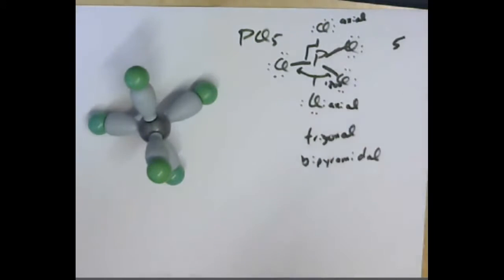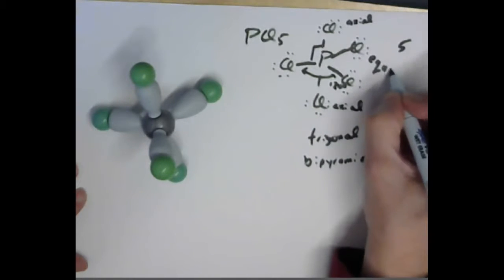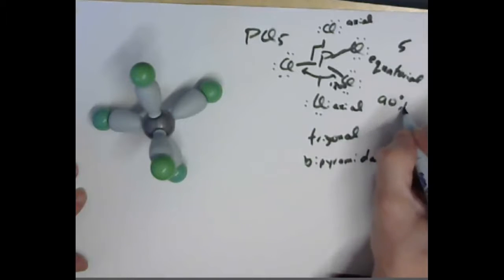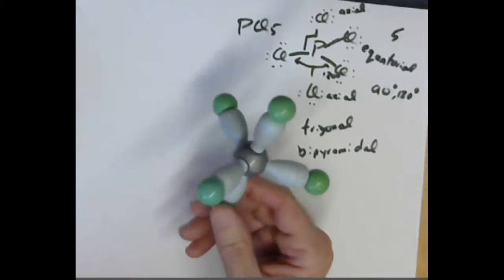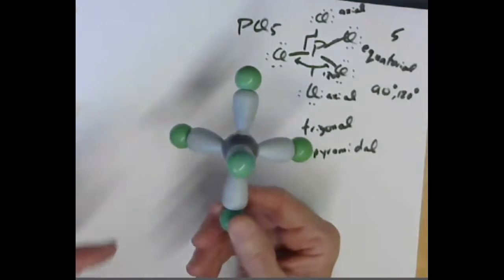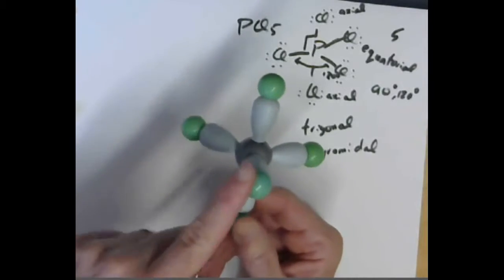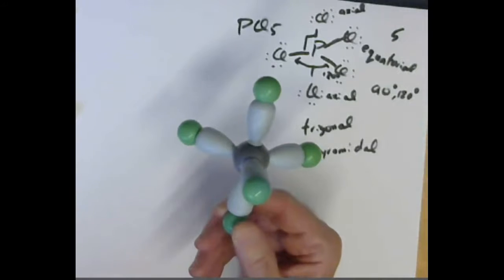If you think about the globe, the axis running from the North Pole to South Pole, the chlorines above and below are axial. The 3 chlorines around the equator are equatorial positions. So we've got bond angles of 90 degrees and 120 degrees. These are the equatorial positions, and these 2 are the axial positions.